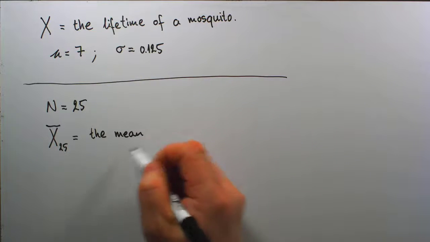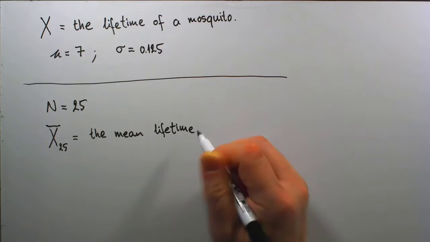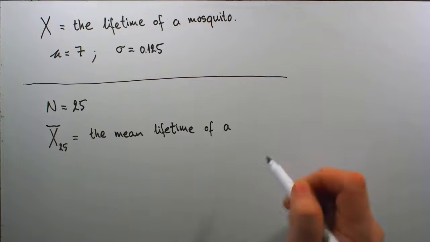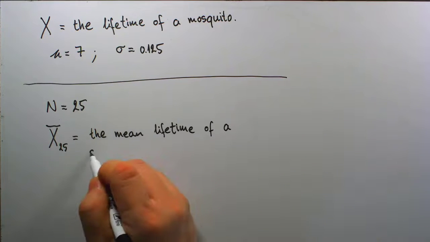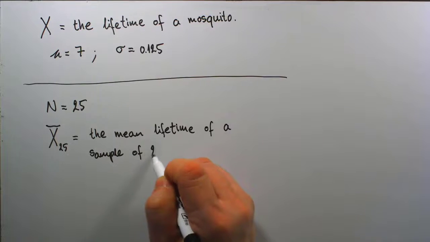This is the mean lifetime or the average lifetime of a sample of 25 mosquitoes.